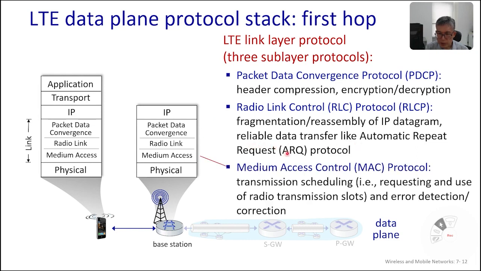And the third one is the Medium Access Control, MAC protocol. It performs transmission scheduling, such as requesting and using radio transmission slots for actual delivery of frames. It also performs error detection and correction.